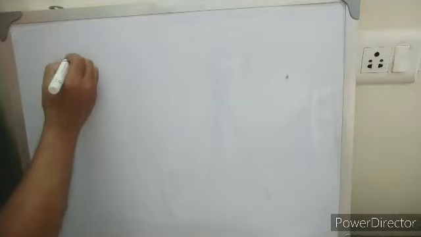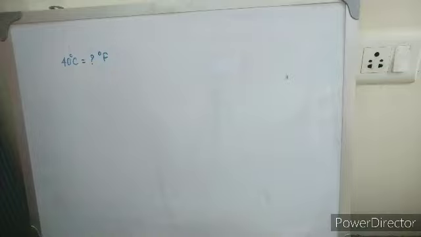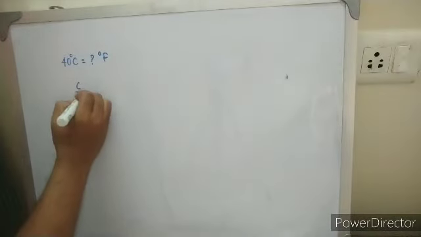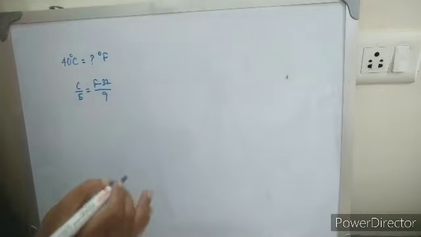First of all, 40 degree centigrade. 40 degree centigrade is how many degrees Fahrenheit? Or it can be said, 40 degree centigrade expressed in Fahrenheit scale. C by 5 equals F minus 32 by 9, that we know.